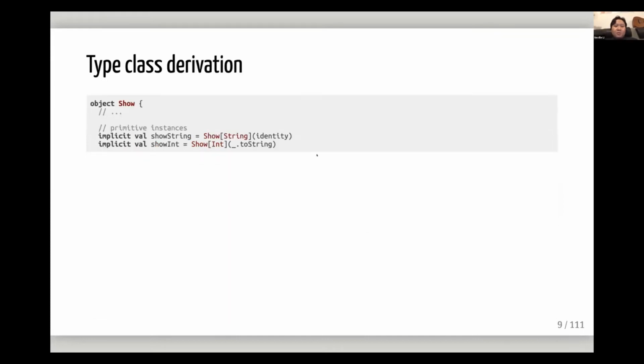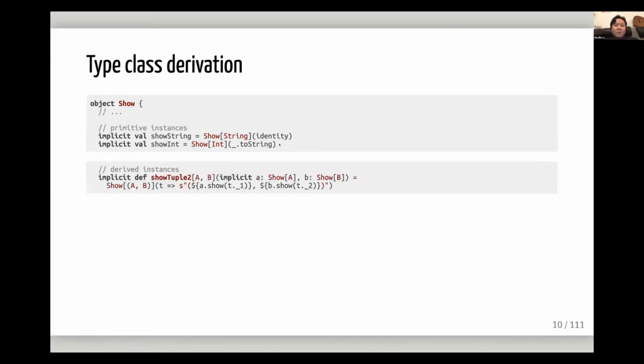So how do we do type class derivation? First, let's take a look at the case of Show. We can have some primitive instances for Show of String or Int, and those are very trivial, just converting to a string. Then we can define an implicit def for Tuple2, using implicit arguments to summon the implicit instances for the two fields, A and B. We can then compose them into a Show for any Tuple2 where the types A and B have implicits defined.